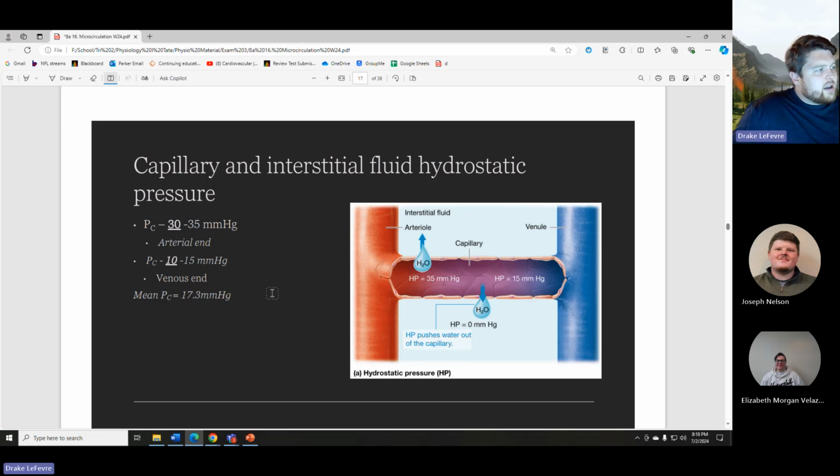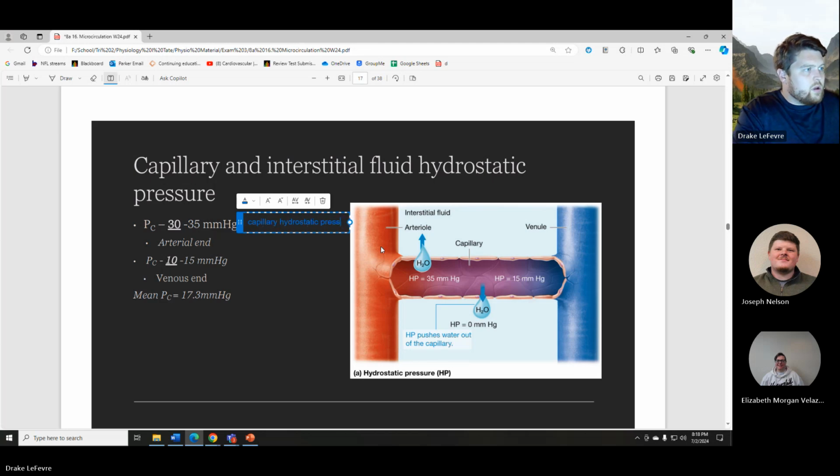These give us our rough normals. So normally, in a typical scene, on the arterial side, our PC is high, capillary hydrostatic pressure, also known as our plasma hydrostatic pressure.